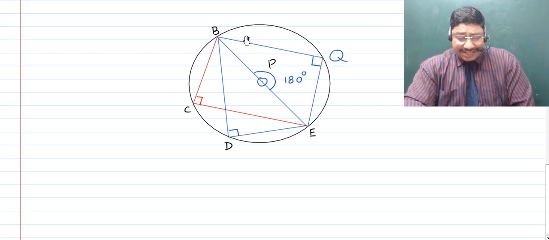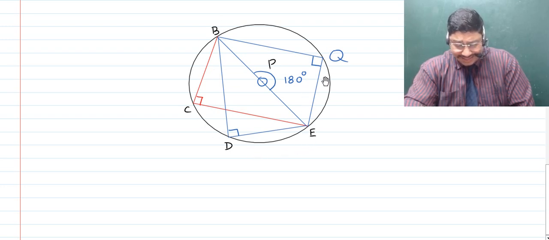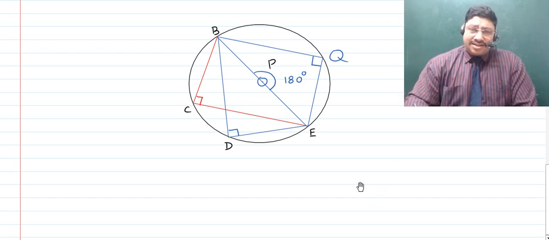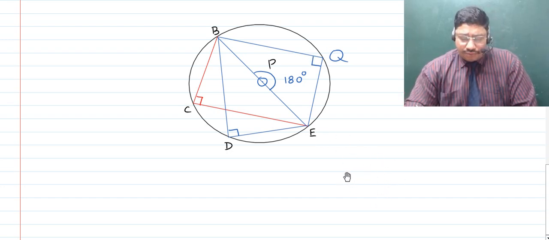That is because this is an angle which is getting formed at the circumference on the arc of the circle BCDE, and thus it will be half of the angle which is getting formed on the same segment of the circle at the center. Since the angle at the center is 180, the angle at the circumference will be 90. So this is another theorem that we have, and we also looked up the proof, remember?